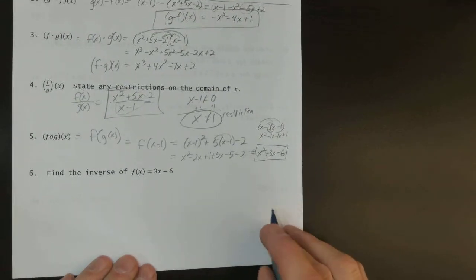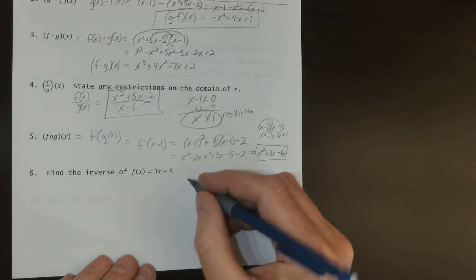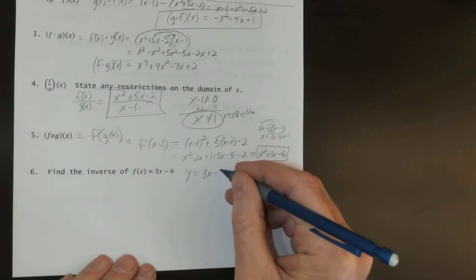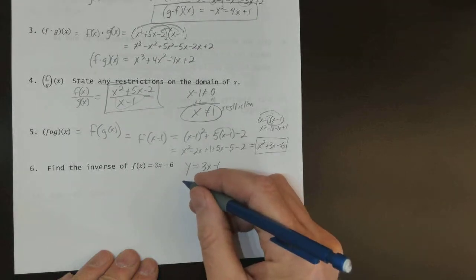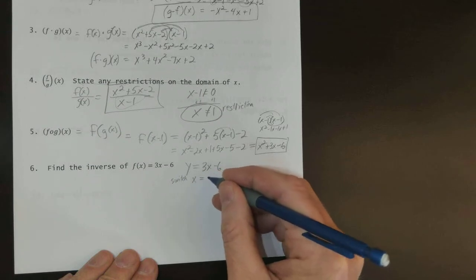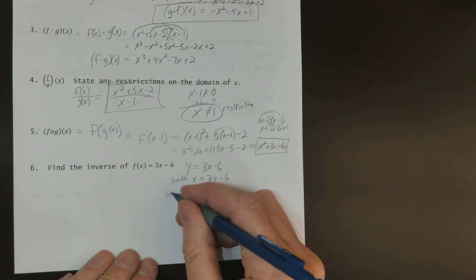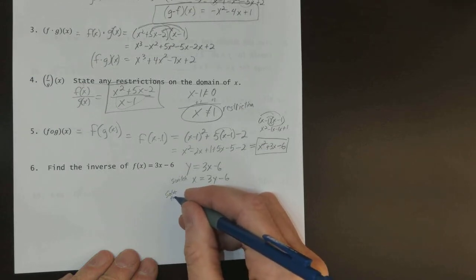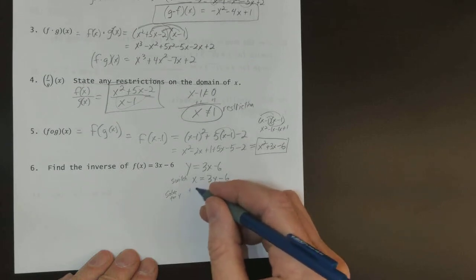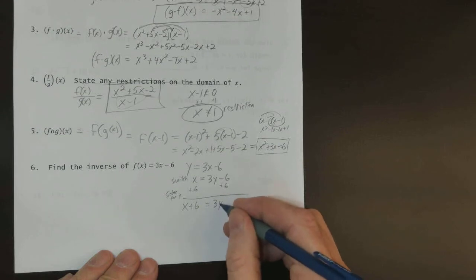All right, number 6, the inverse of f of x equals 3x minus 6. We start by putting y for f of x, and then switch x and y. So x equals 3y minus 6. And then we solve for y. I'm going to add 6 to both sides. I've got x plus 6 equals 3y.